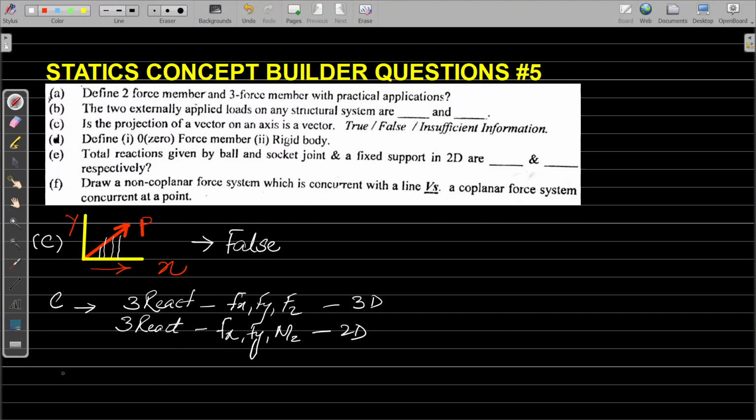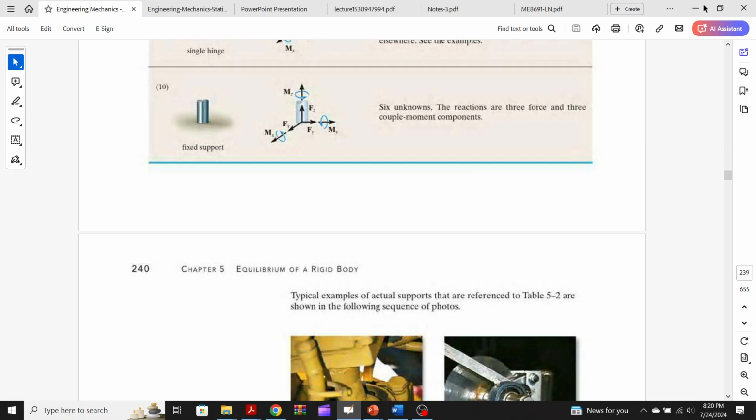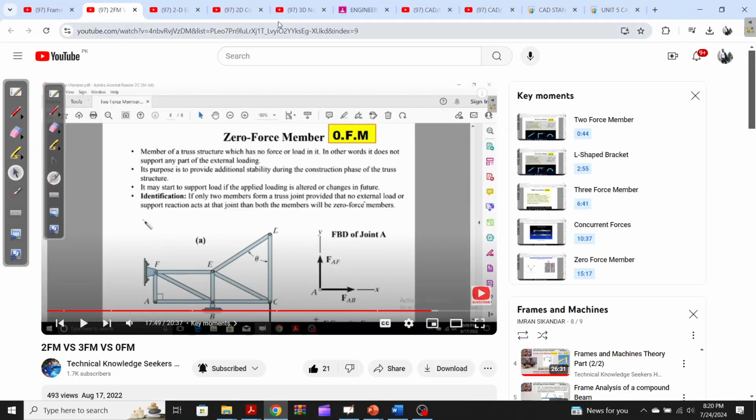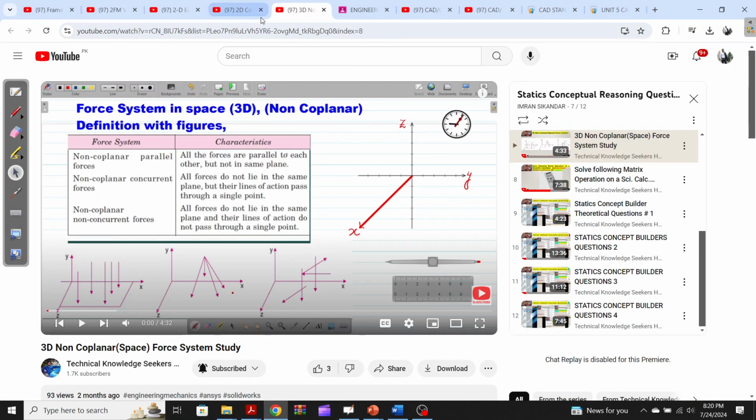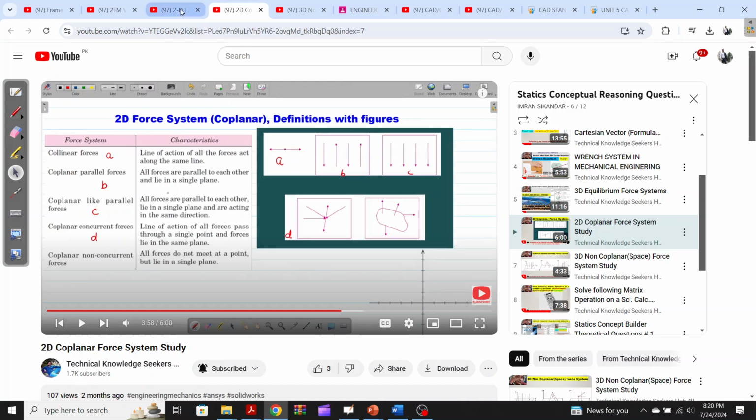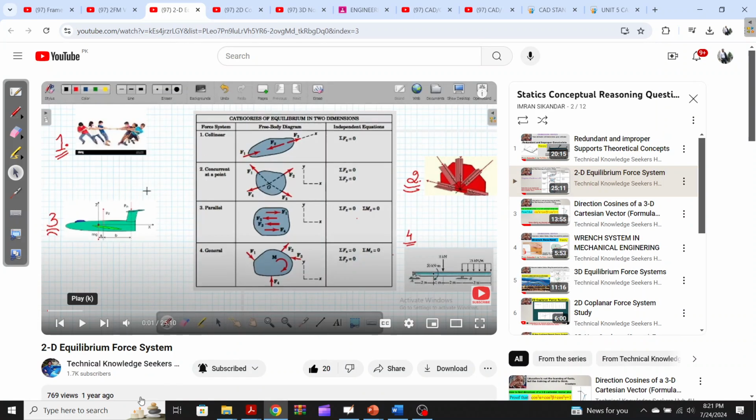Now another problem has come up, and he says draw a non-coplanar force system which is concurrent with a line versus a coplanar force system which is concurrent at a point. This is very simple. For the coplanar force system concurrent at a point, go to the video named 2D equilibrium force system and see this picture.